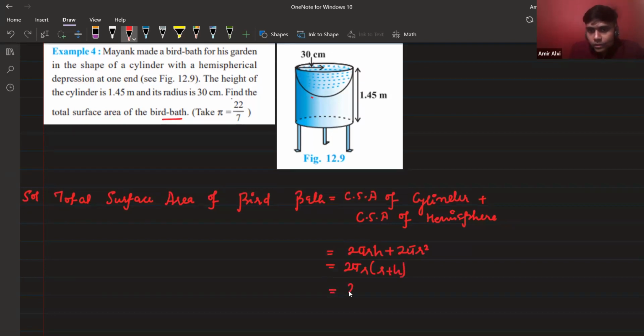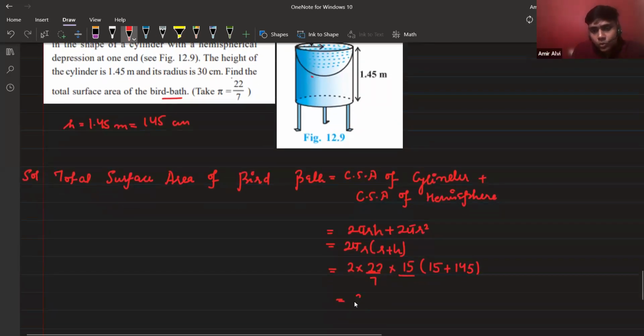Put the values here. 2 into pi is 22 by 7, R is equal to 15 by 2. No, it's 15 by 2, sorry, into the height, into bracket, 1.45 meter will be 145 centimeter. Yes or no?